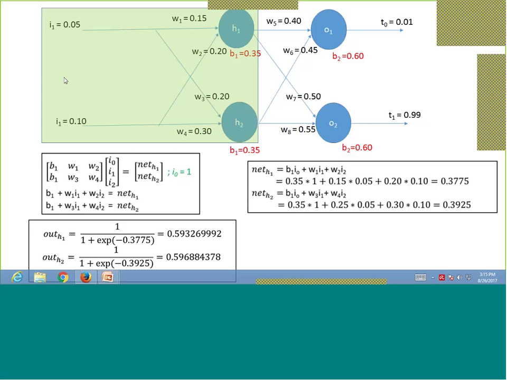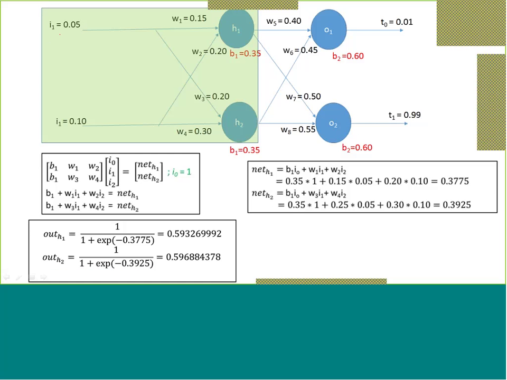In my forward pass, this is my input, I1 and I2. I1 is multiplied with W1. Sorry for the mistake, this is I1 and this is I2.